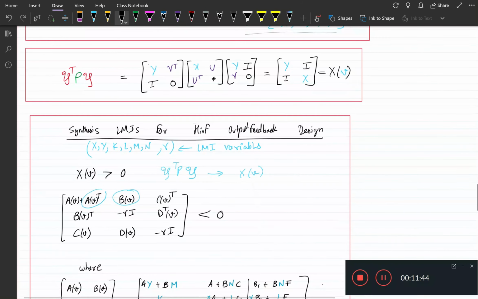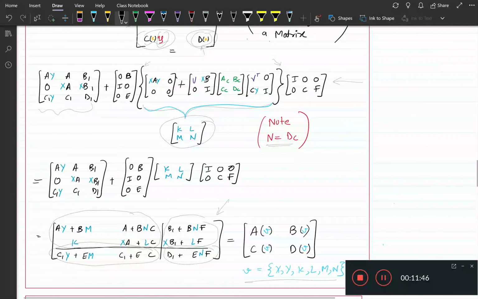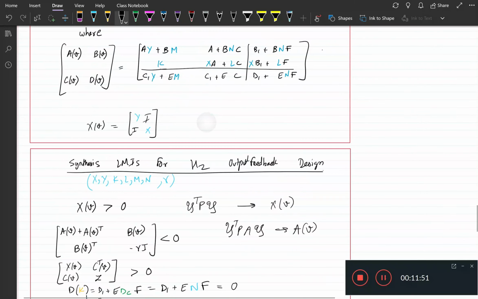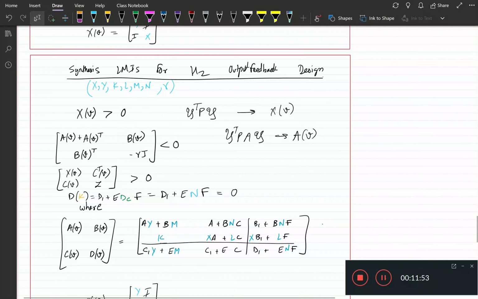So Dc equal to N can be observed here, so that additional condition could be also incorporated here.